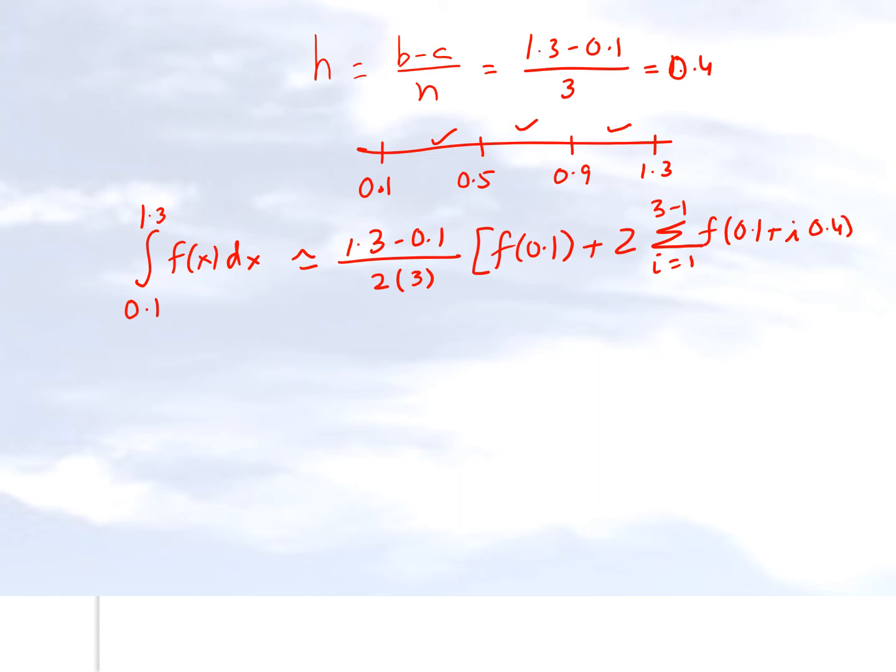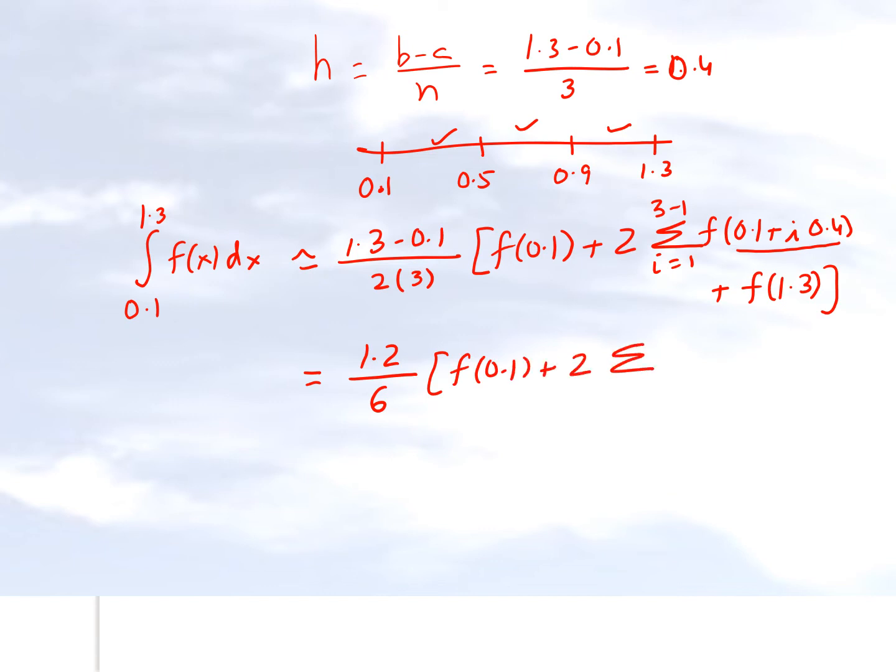Keep in mind this is the argument of the function, plus the value of the function at 1.3. From here, I get 1.2 divided by 6 times the value of the function at 0.1 plus 2 times the summation i equals 1 to 2 of the function at 0.1 plus i times 0.4, plus the value of the function at 1.3.